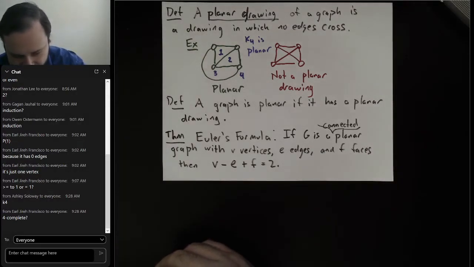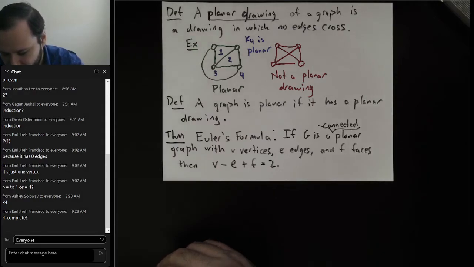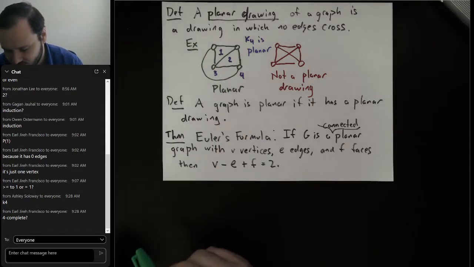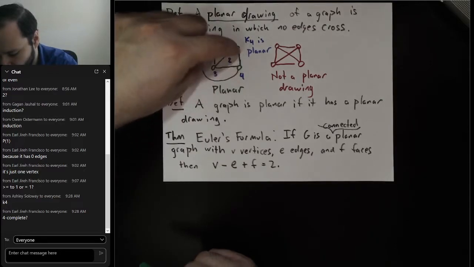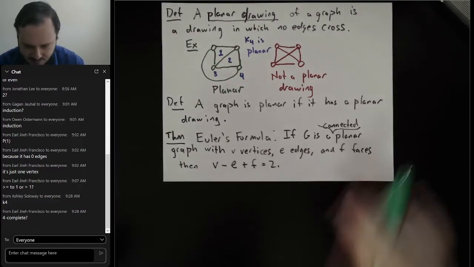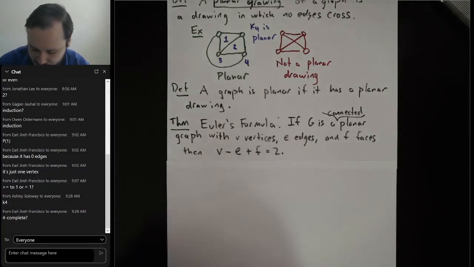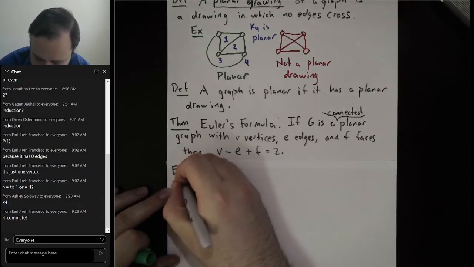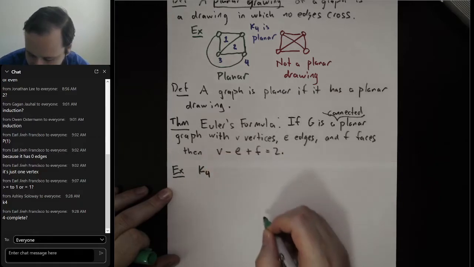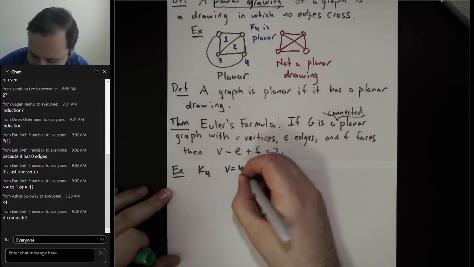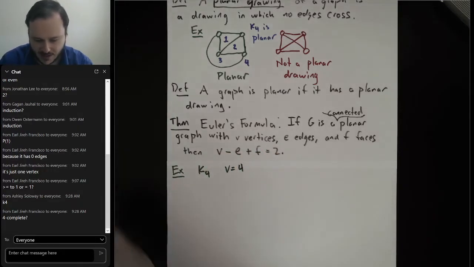So let's look at this K4 example. I have 4 faces. I have 1, 2, 3, 4 vertices. Example K4. I have vertices equal to 4. I have edges.